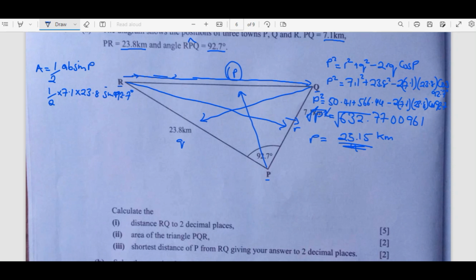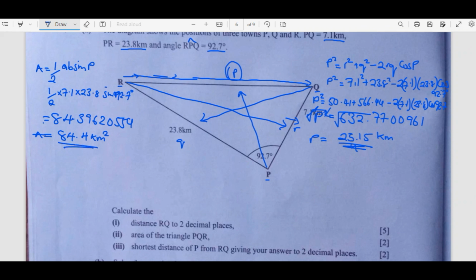We're going to have 84.3962055, then we have a 4 there. In this case the area, we're going to leave it in 1 decimal, so it will be 84.4, and the units, because this is the area, we're going to say kilometer squared.